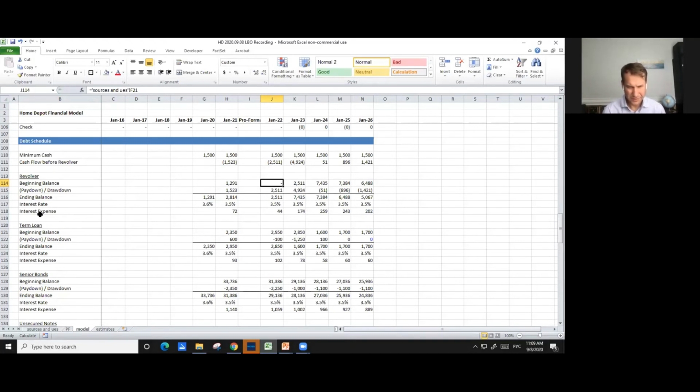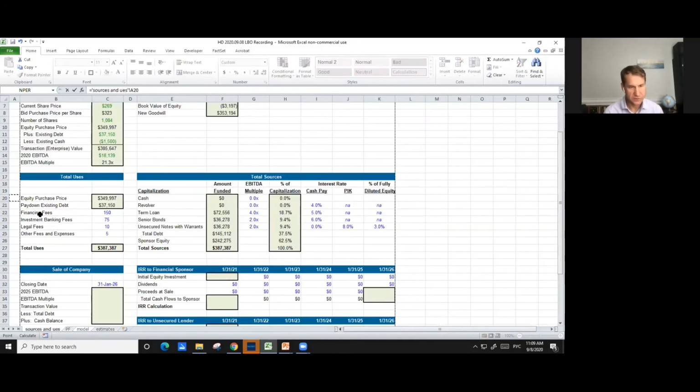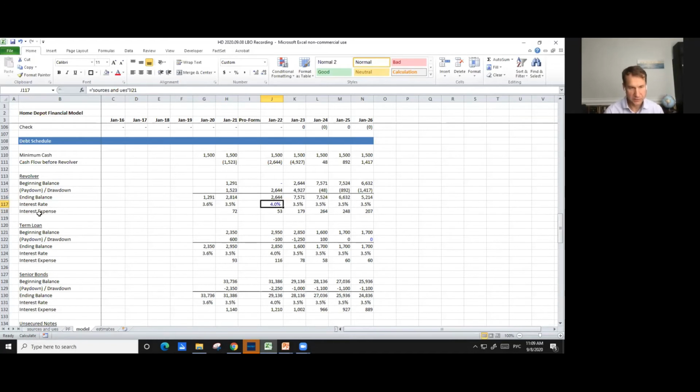I don't know if I can see it there. And then interest rate should also come from sources. Interest rate in revolver is 4%. Interest expense should be calculated correctly here in the schedule.